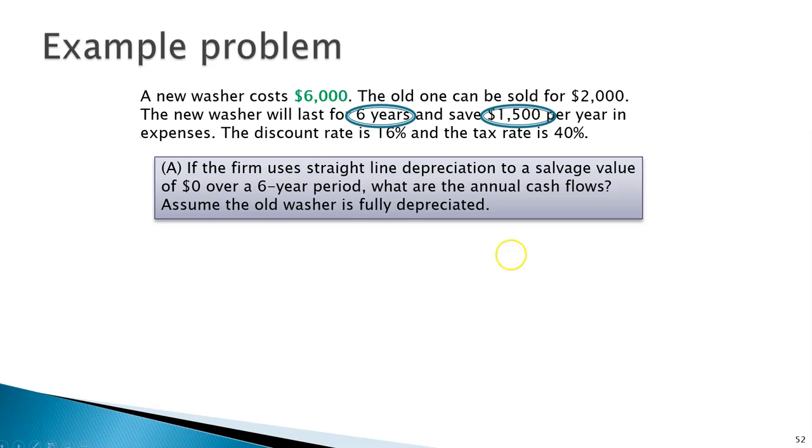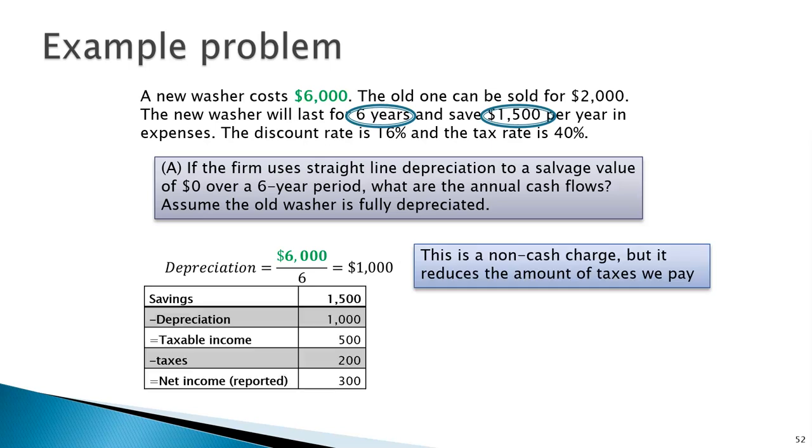Okay, and then we have 6 years at $1,500 per year, but this is what we're going to add to our revenues. So we have to figure out how much of that we're going to keep. We're going to have depreciation expense of $1,000 a year. So here's what we'll have. We'll have $1,500 savings from expenses.